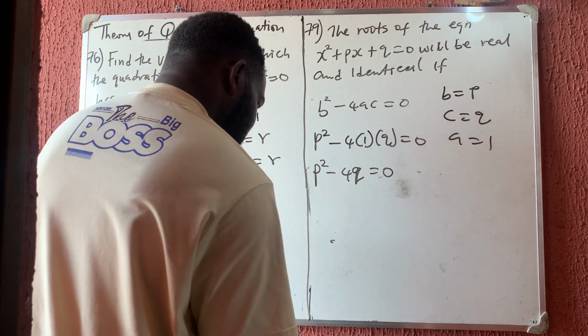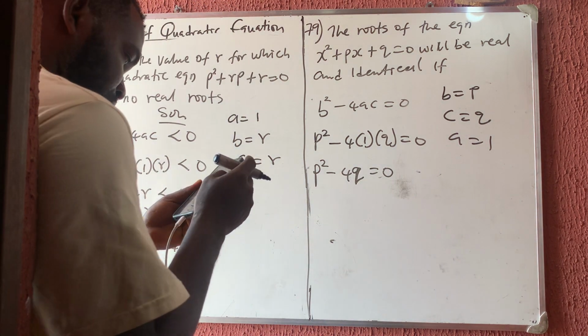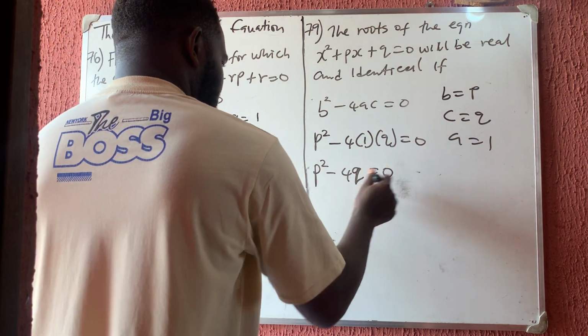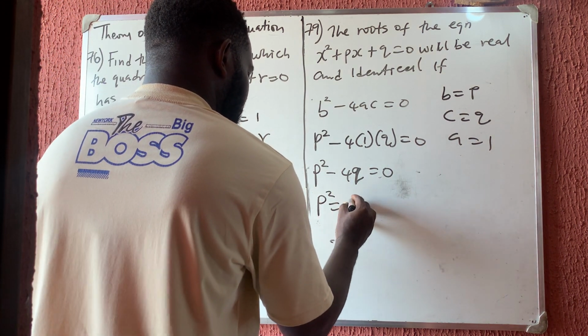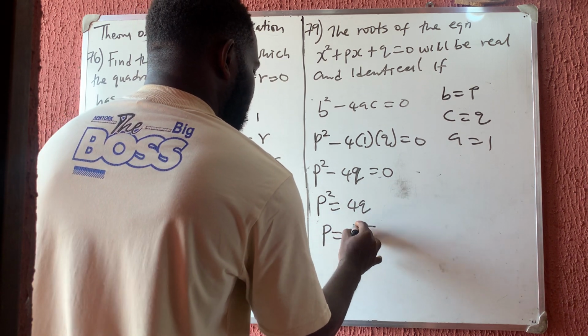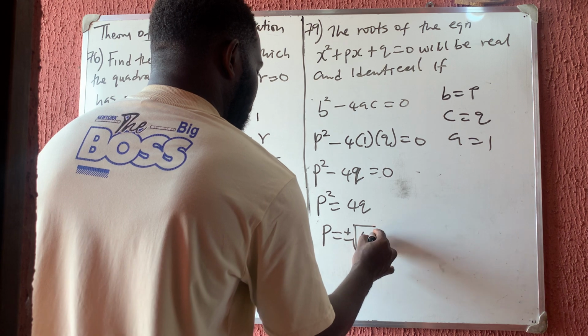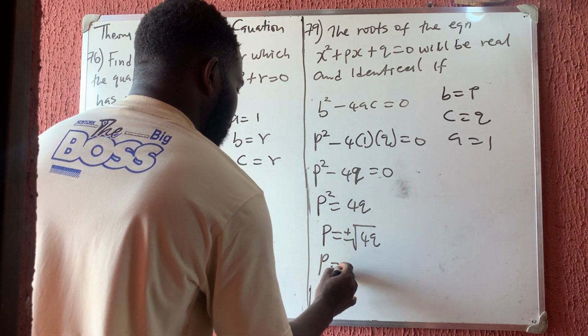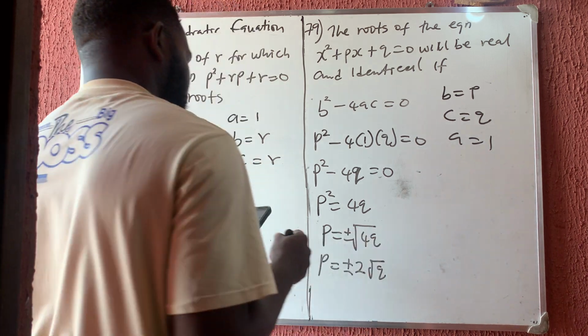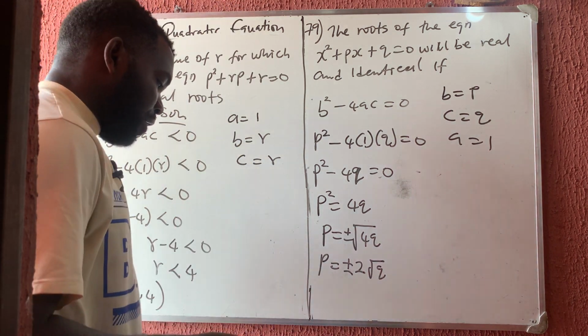So in the option, moving this one here, I have that p squared is equal to 4q. So we now have that p is the square root plus or minus of 4q. So my p is equal to plus or minus 2 root q.